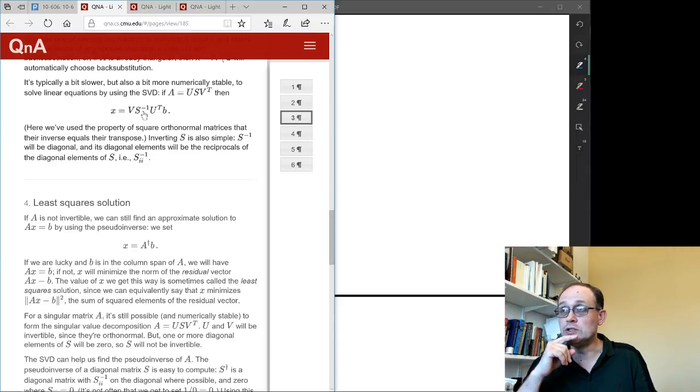To avoid this round-off error, people will zero out the small entries of S, or rather ignore the corresponding rows and columns of U and V. All right, so that's sort of the primer on solving linear equations.